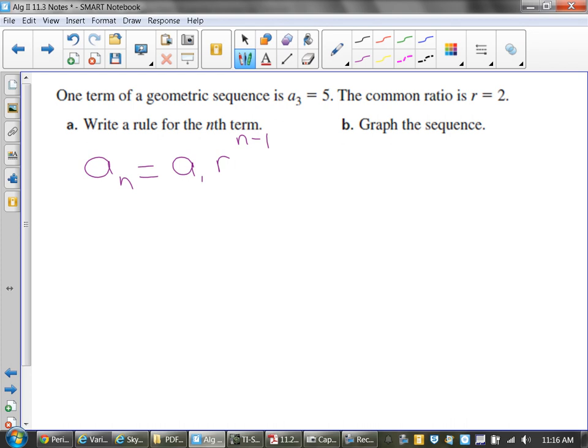I'm given the third term, so I start writing that out. First term times ratio 2 to the 3 minus 1. What's the third term? 5. So this becomes 5 equals a to the first. This is 2 squared, which is? What's your first term? 4.